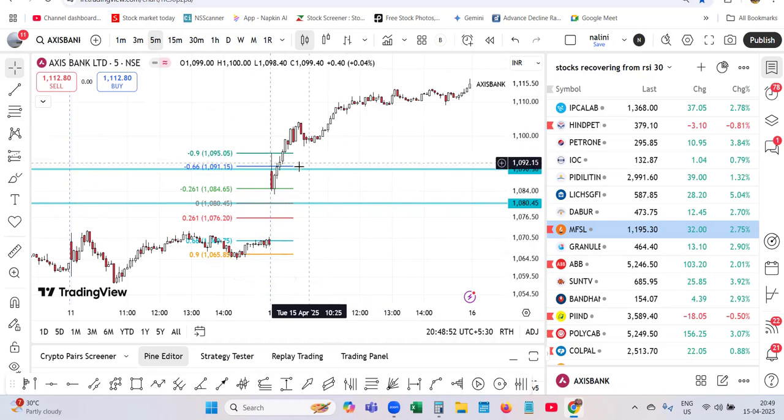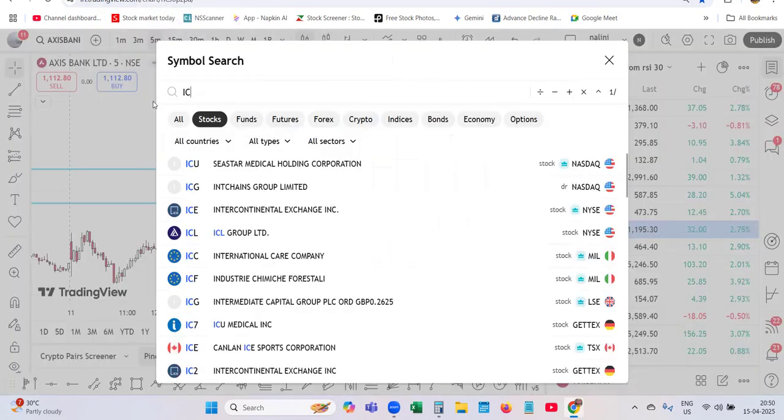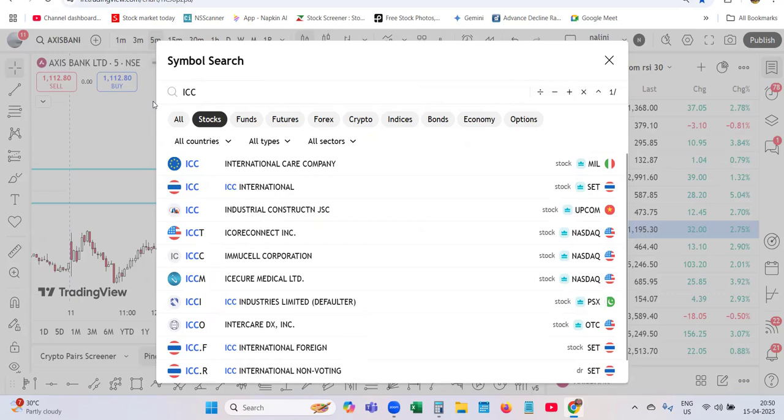ICICI Bank. Even though it gapped up, there was no momentum, but it continued to rally and it gave a decent profit also. Let me type in ICICI Bank. We will analyze ICICI Bank, how it was different from this trading.